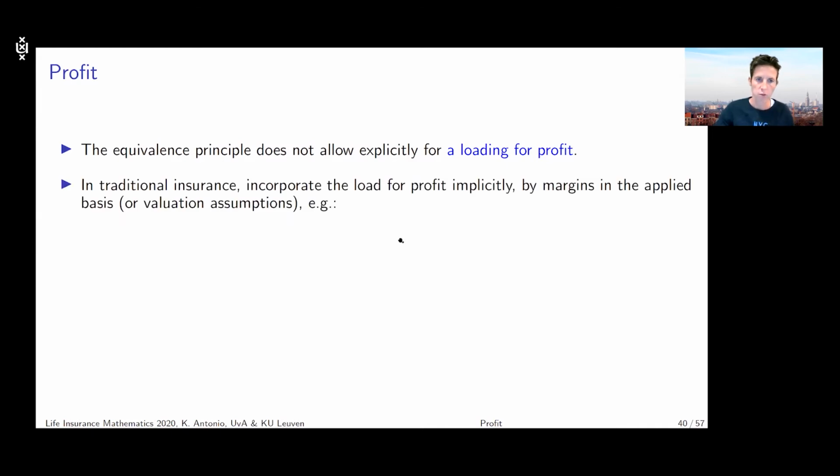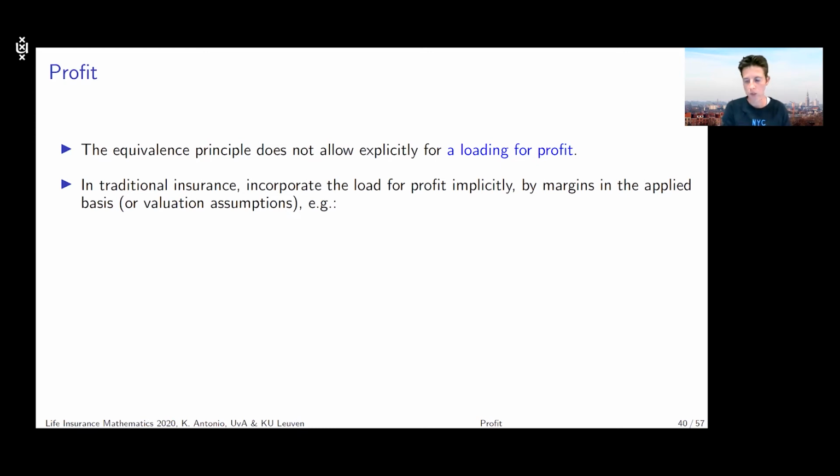So in traditional insurance, if you want to include a load for profit, that means if you want to charge a premium that is a little bit higher than the technical premium, than the premium that you would construct by actuarial equivalence if you do not take a profit loading into account.